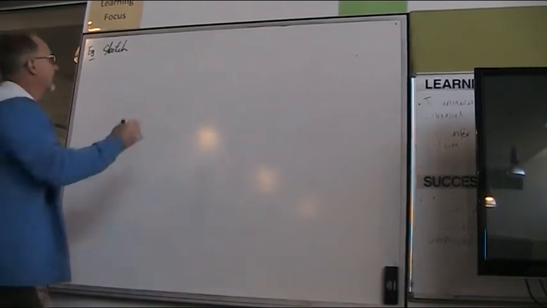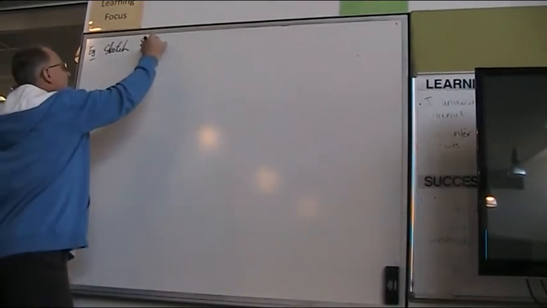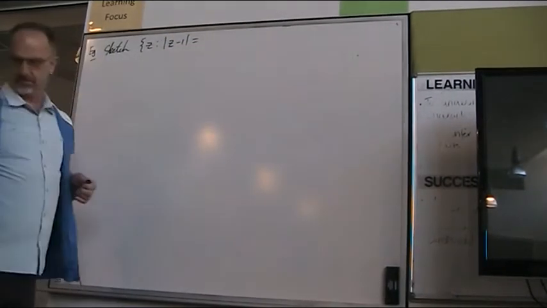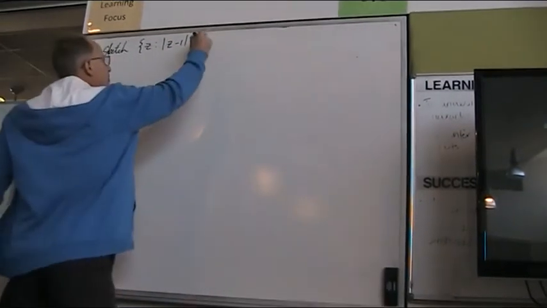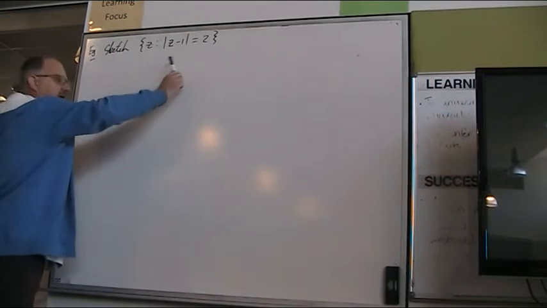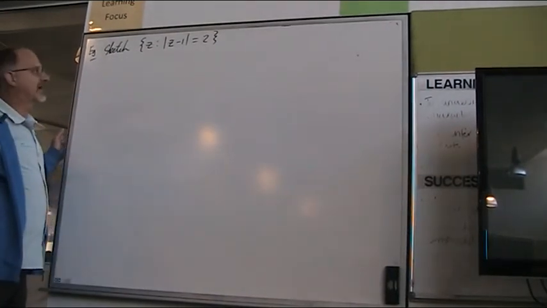Alright, so let's have a look at a more complicated example. So we're going to sketch the set of Z where the magnitude of Z minus 1 is equal to 2. So to do this, we're going to adjust this and put it in Cartesian form.